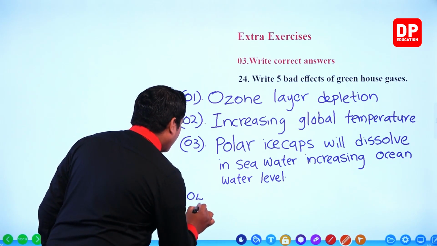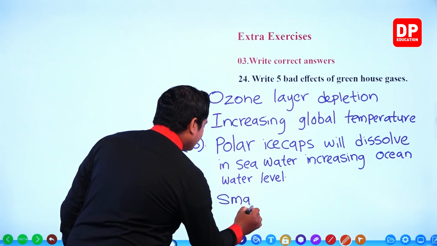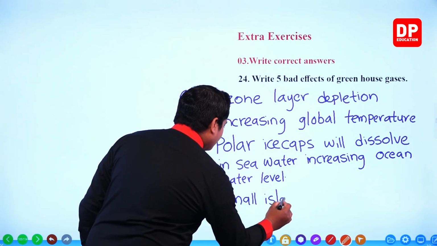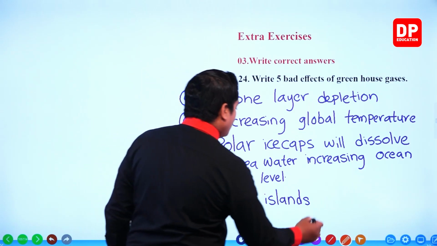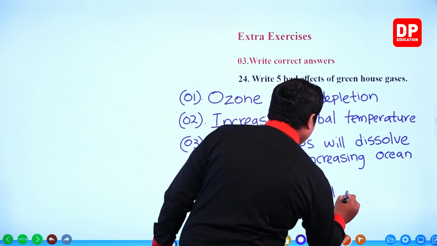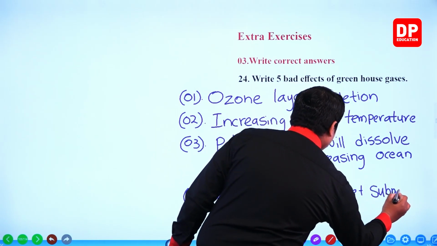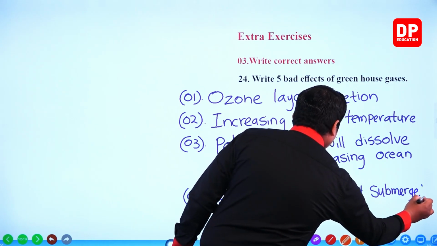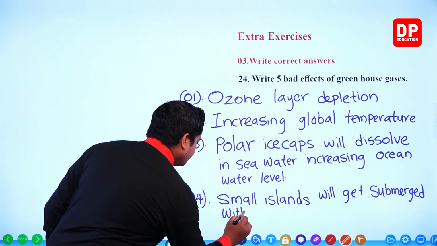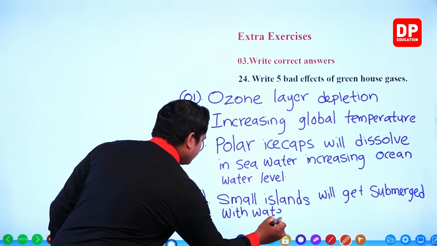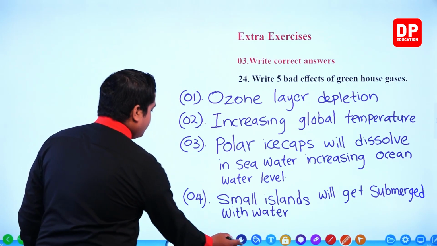Then number four, small islands will get submerged with water. Small islands will get submerged with water.